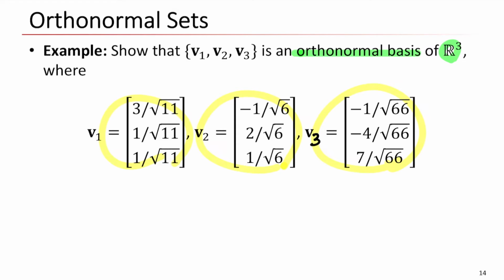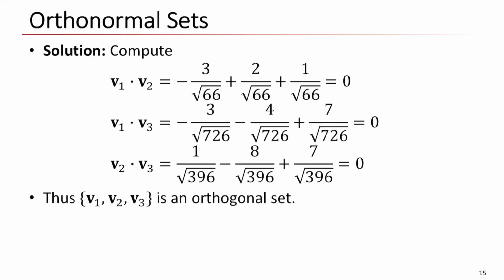First of all, we have to find the inner product of each pair of vectors. v1 inner product v2 is equal to something like this.